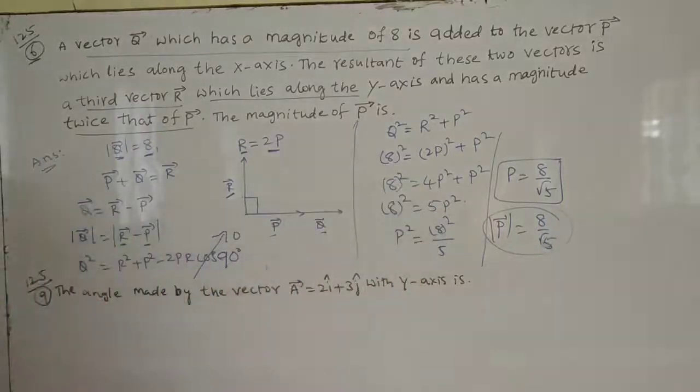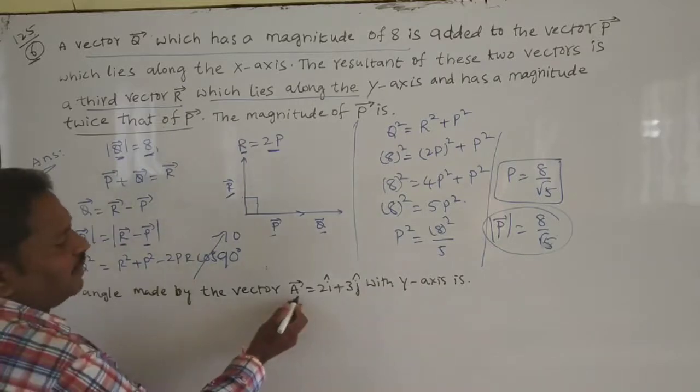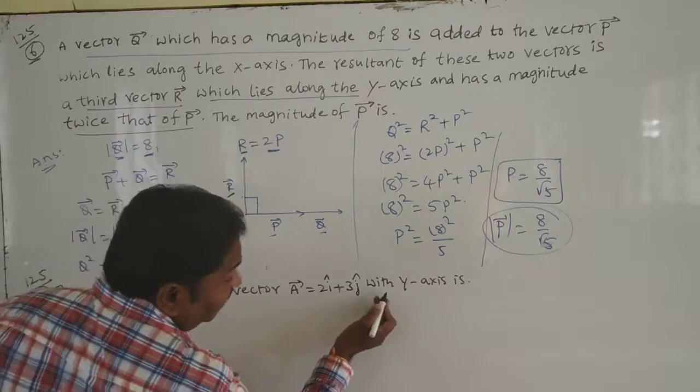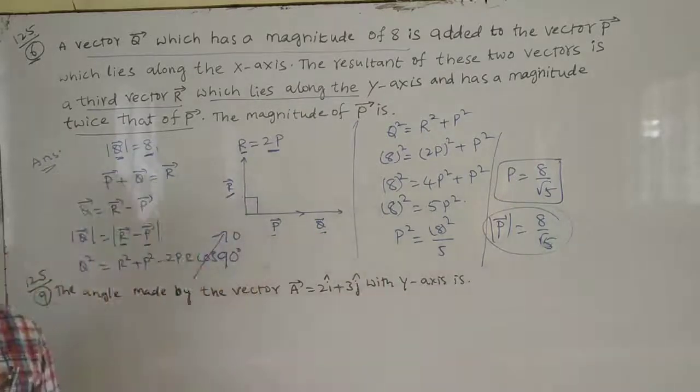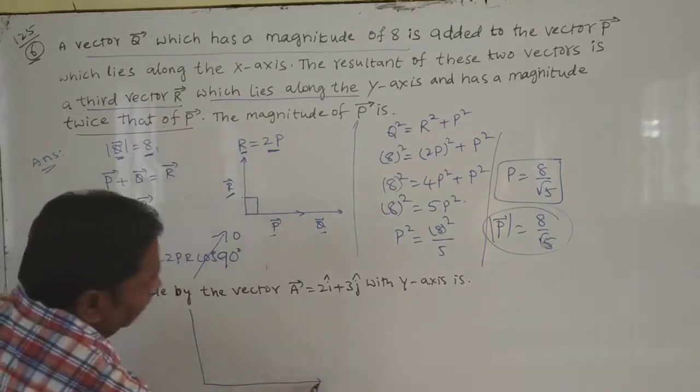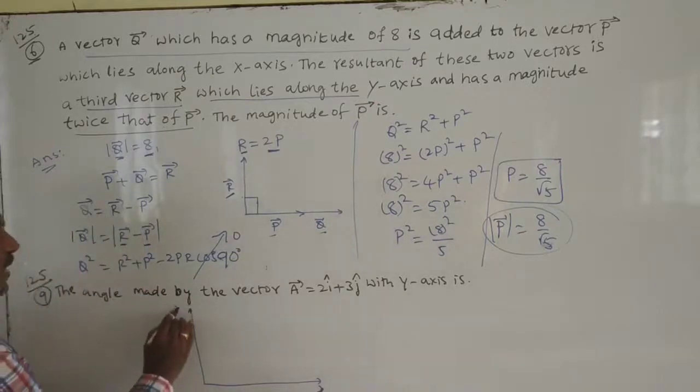Next, the angle made by the vector A bar equal to 2i cap plus 3j cap with the y axis is? So what is the angle made by A bar with the y axis? First we have to plot the graph. So this is the x axis, this is the y axis.